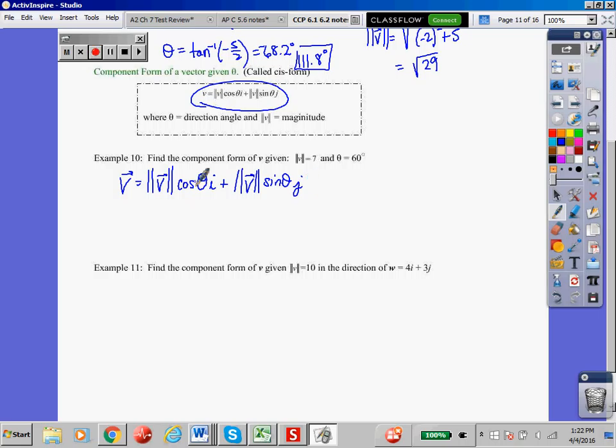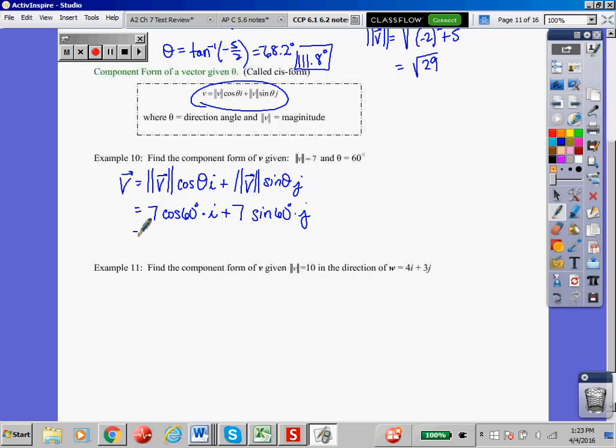Okay, it's right here. This is where that's coming from. So the magnitude is 7. I have 7 cosine of 60 degrees times I plus 7 sine 60 degrees times J. I think it'll come into focus here when I get to the answer, and you'll be like, oh, that's how they're connected. Well, then here's our unit circle.